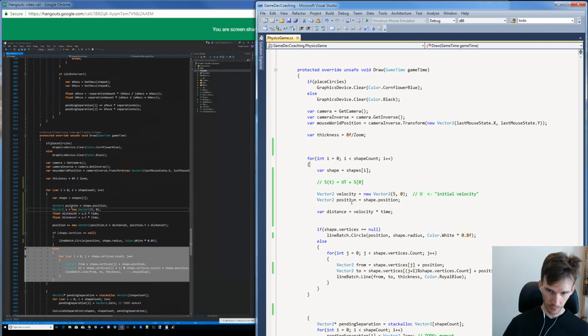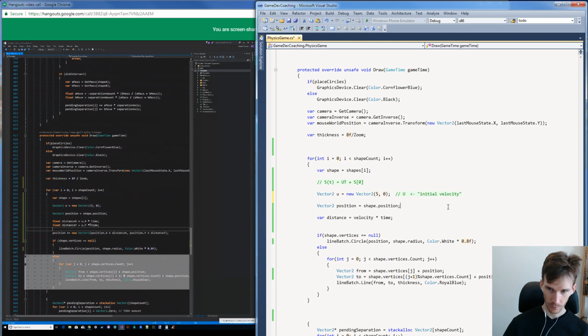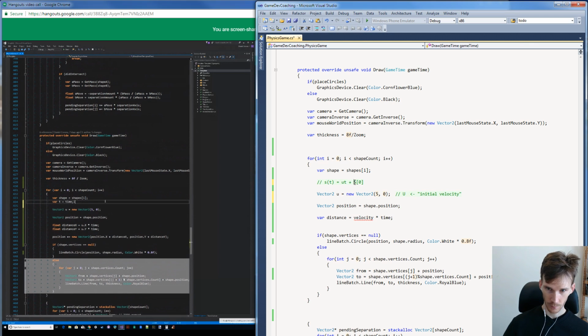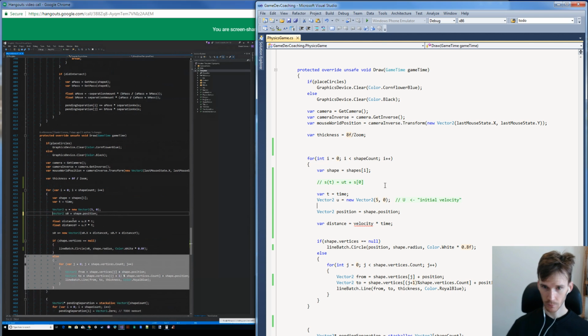Okay, I think this is u. This is obviously t. I'm even gonna do this silly thing here. Wait, u is initial velocity, right? And this is s0. Yep.